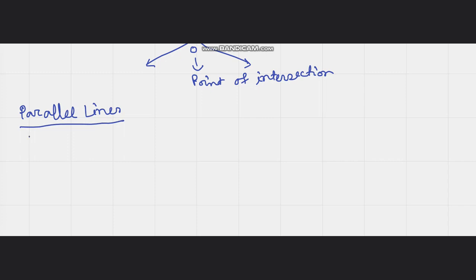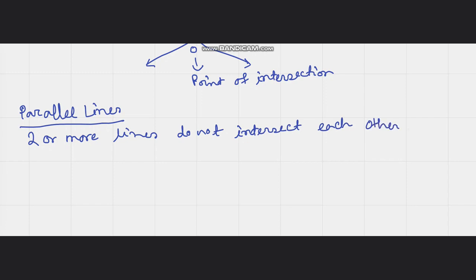So two or more lines that do not intersect each other, however far they are extended.